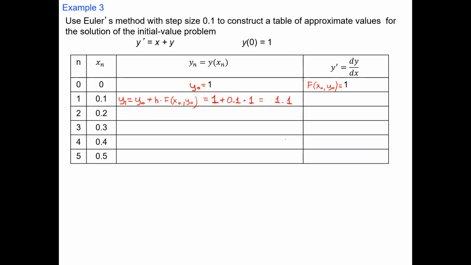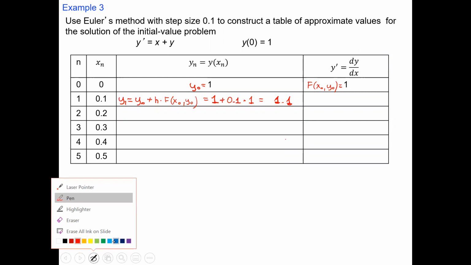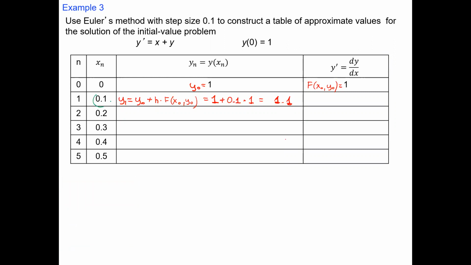That's my first value. I approximated the value when x is 0.1: the value of the solution is 1.1. We can add 0.1 plus 1.1 and get the slope.